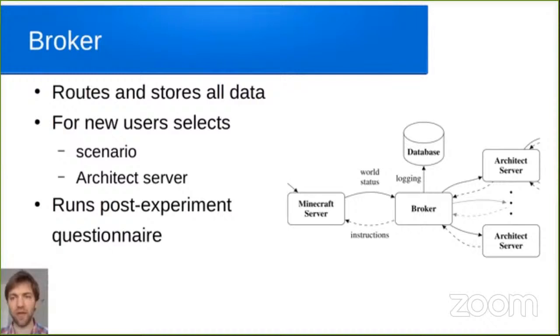For example, the dumb architect or the sophisticated architect. And optionally, it can also run the post-experiment questionnaire, which means that all your experiments can run in Minecraft without any external tools. This post-experiment questionnaire is done in the Minecraft text chat.